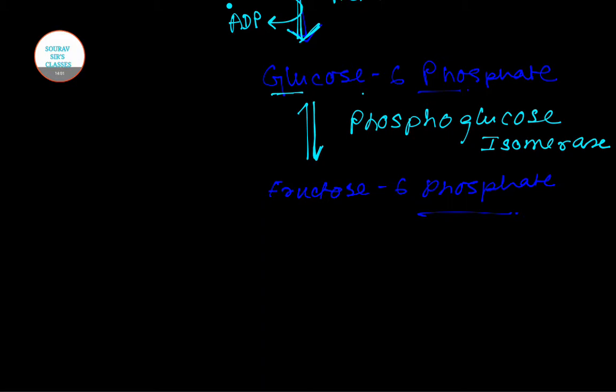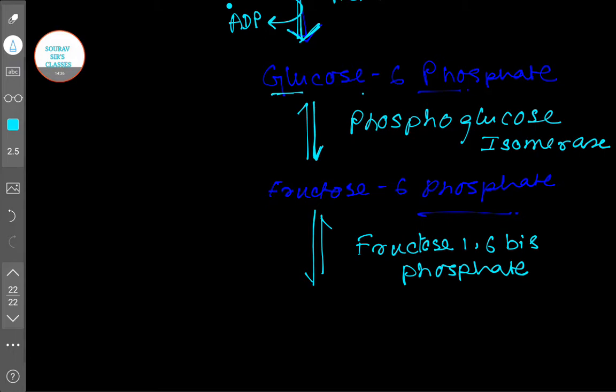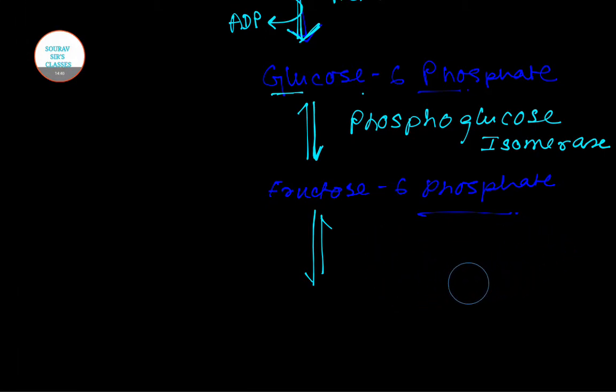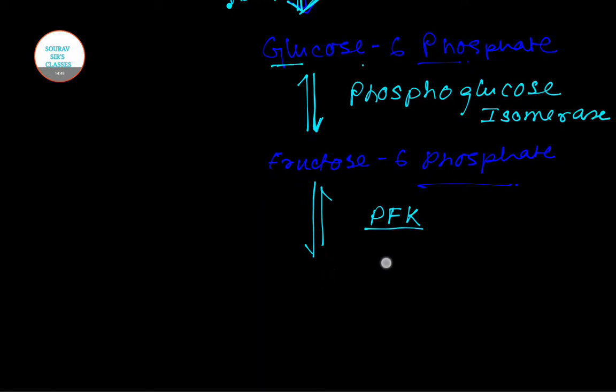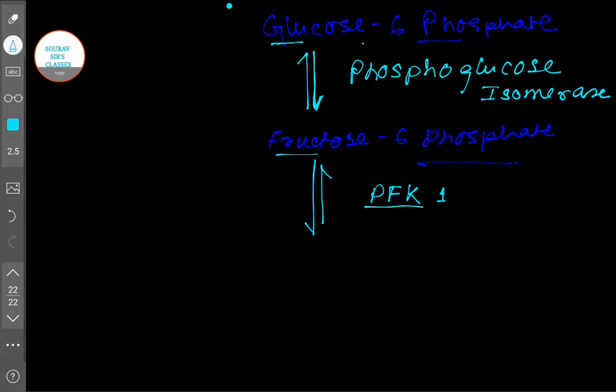So at this level, in the formation of fructose 1,6-bisphosphate from fructose 6-phosphate, PFK1 is required, that is phosphofructokinase 1.